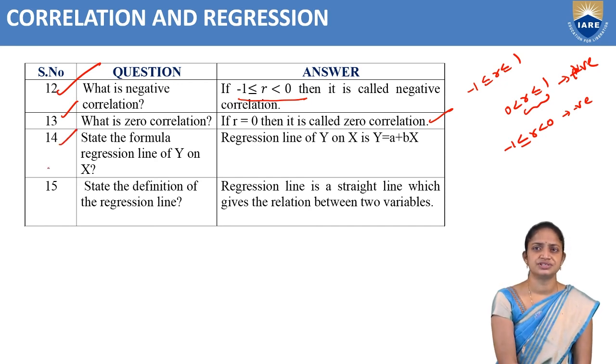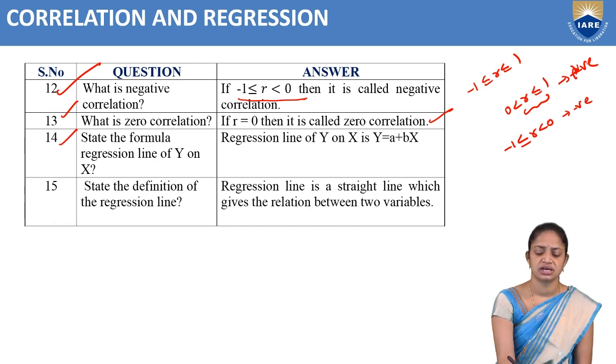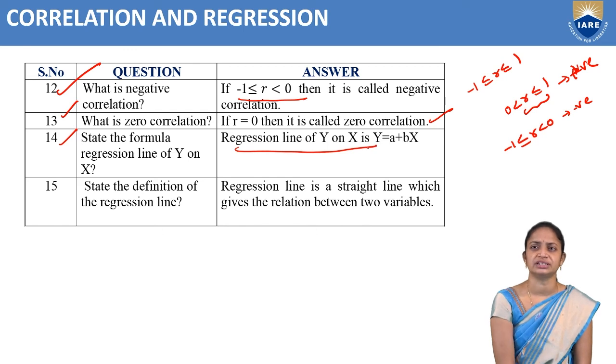Next one. State the formula for the regression line of y on x. The regression line of y on x is y equals a plus bx. Here we have to use the normal equations.